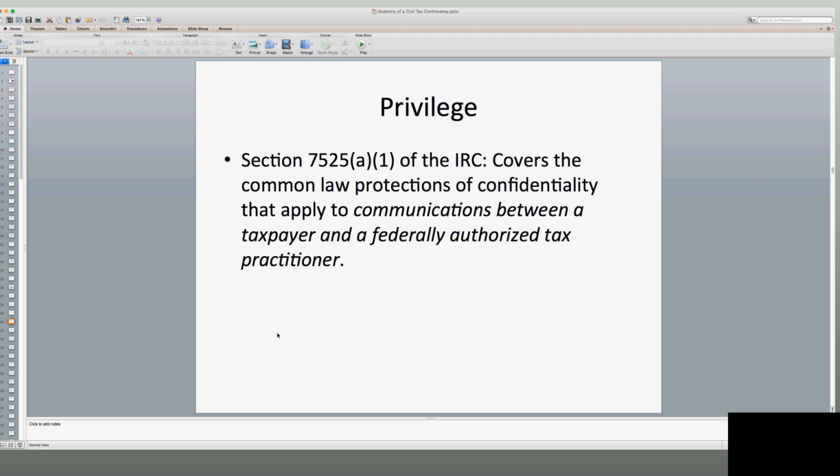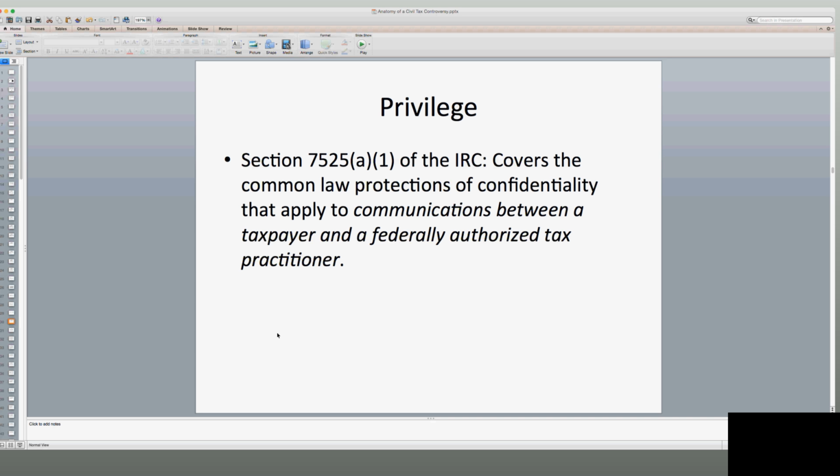So I want to set the record straight. There is a privilege that exists between communications between a taxpayer and a federally authorized tax practitioner. The reason you don't hear about it all the time is because the exceptions virtually swallow up the rule. But there is a privilege that exists.